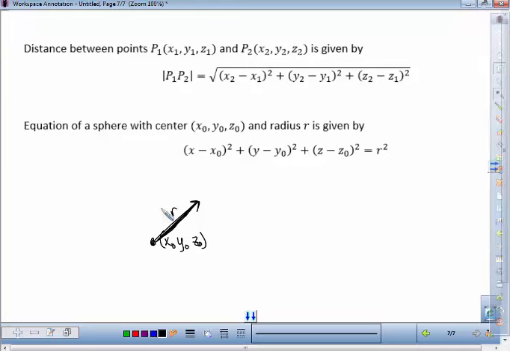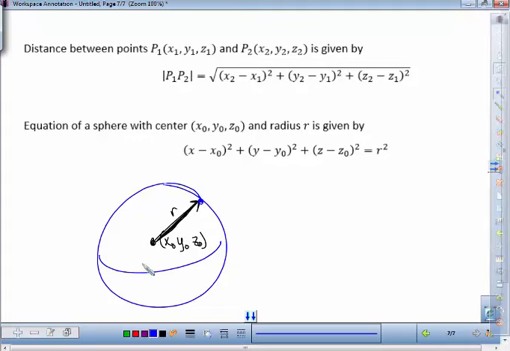All the points with that fixed distance away from that fixed point, x naught, y naught, z naught, if you put all those points together, you're going to make up a sphere. Does that make sense?